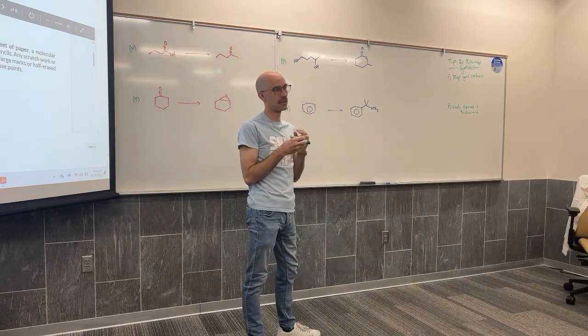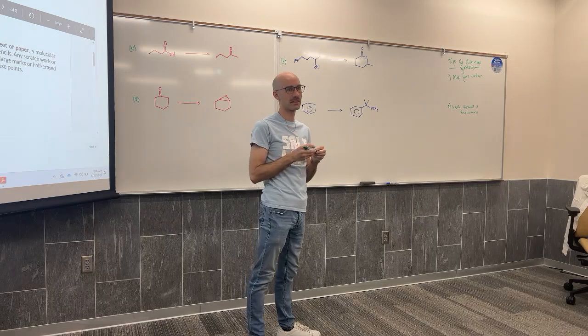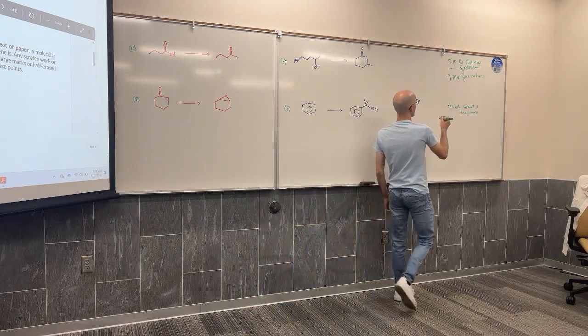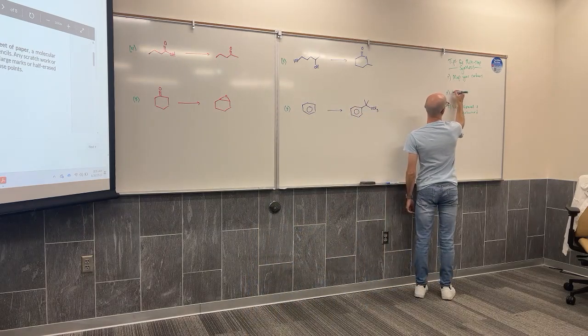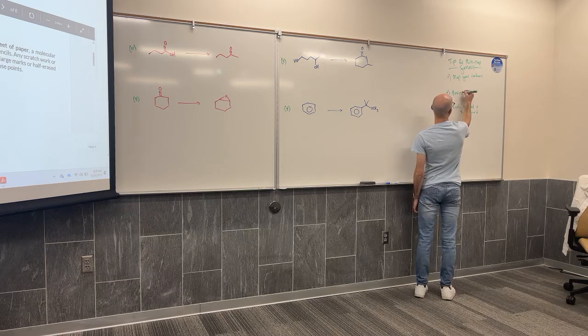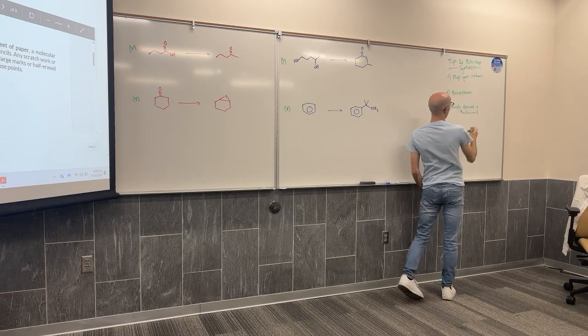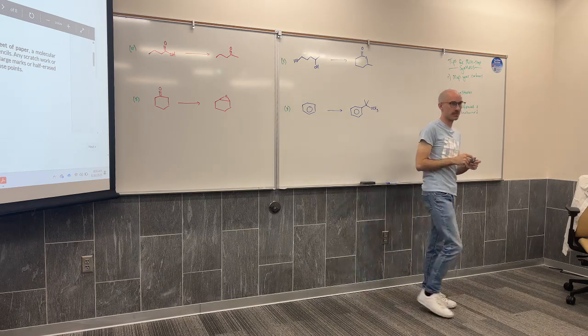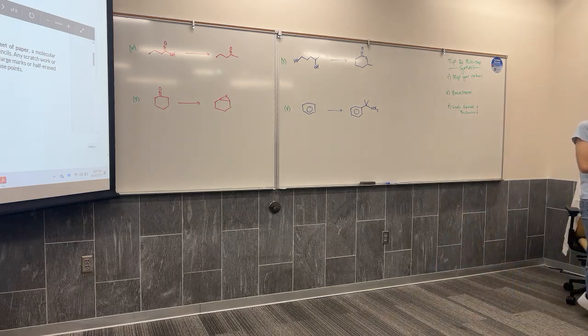And the last tip I have you guys try to think about. I know this one kind of feels the most vague, but it's brainstorm. And that usually comes down to, I see the functional groups in my starting material, and I know what reactions I can do with them.